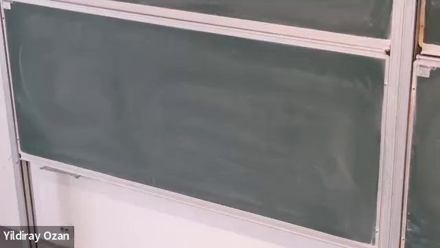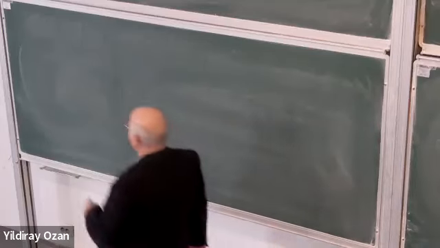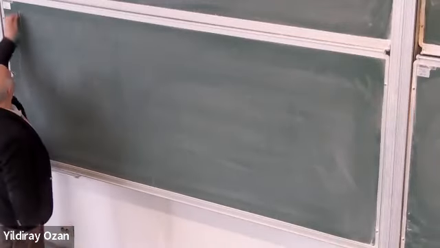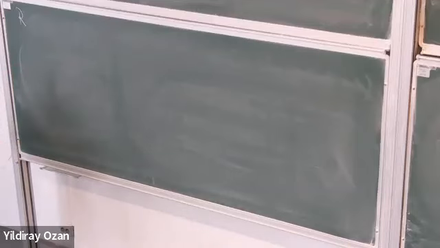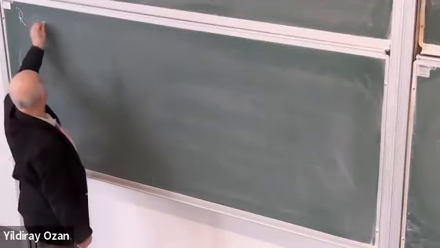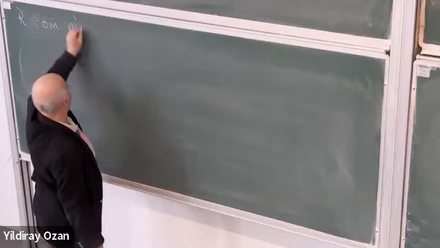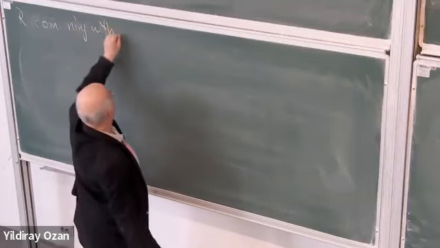All right, so let's start. Last time we discussed principal ideal domains. So R is a commutative ring, let's say, with identity.